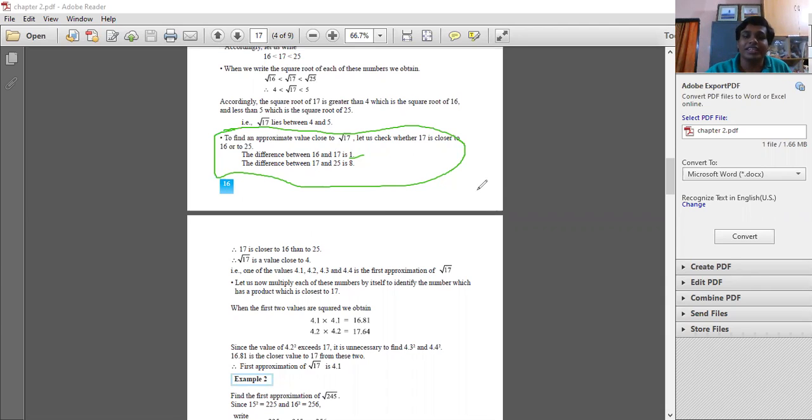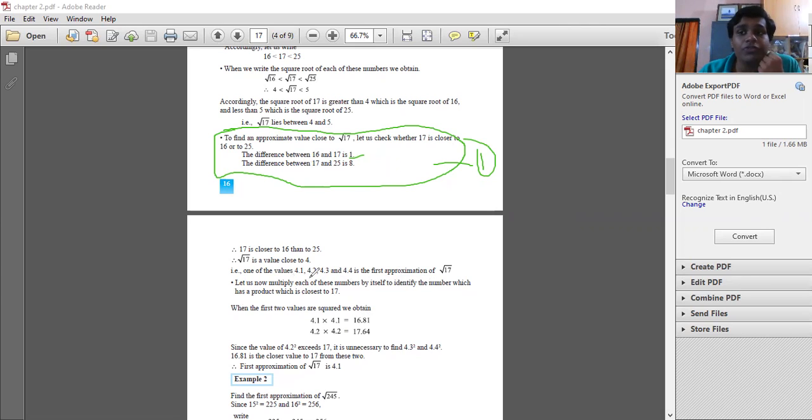Checking 4.1 up to 4.9 by multiplying, you will lose a lot of time. So that is another step to be added actually. We will check the differences there, then trace back to the square roots, find the decimals and apply them.